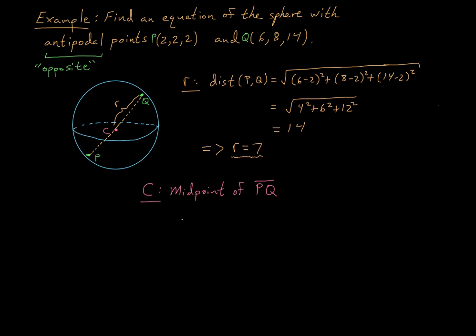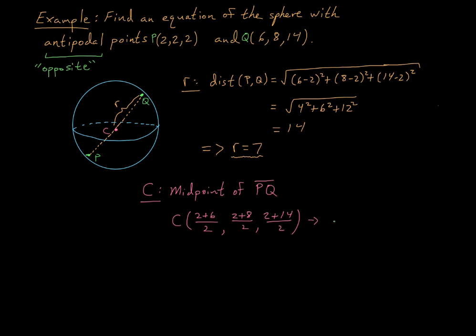Okay, so here's what we can do, right? For C, the coordinates would be, well, just take the average of the x coordinates for P and Q, so it'd be (2 plus 6) divided by 2. Then for the y, it'd be (2 plus 8) divided by 2. And then finally, for the z, 2 plus 14 and divide that by 2.